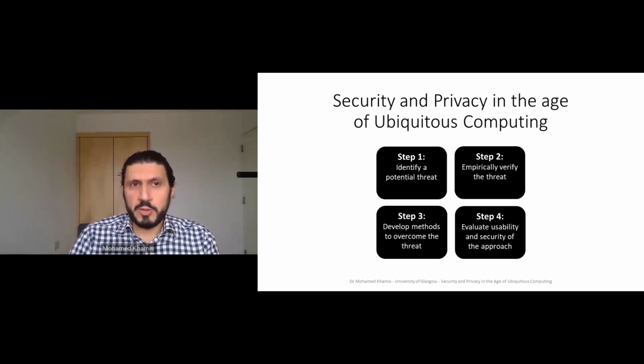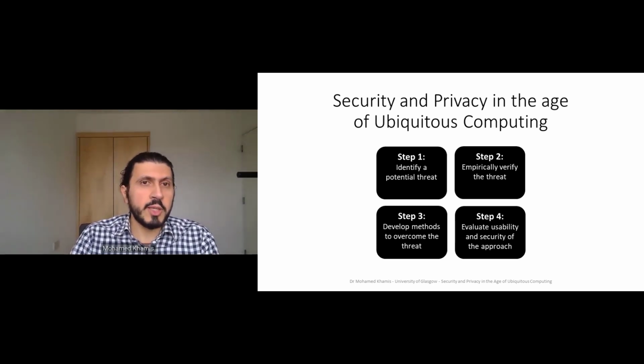But then to achieve this vision and try to secure ubiquitous systems, we go through a 4-step procedure. First, we scout for potential threats that are caused by these ubiquitous technologies. So we keep track of newer technologies, newer sensors, and when we find something that could be used maliciously, we keep track of that.